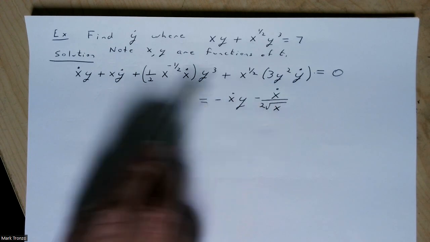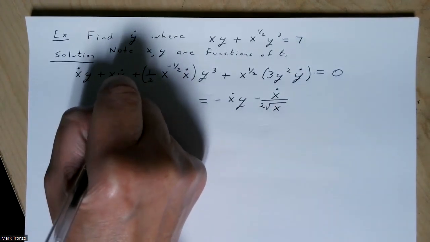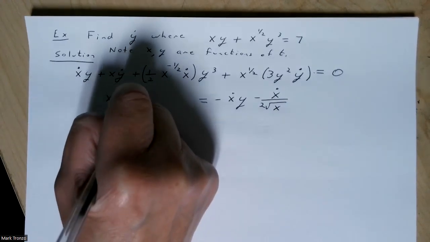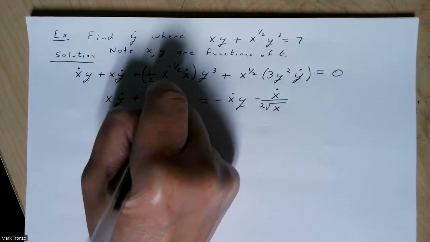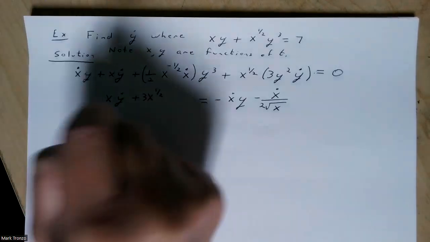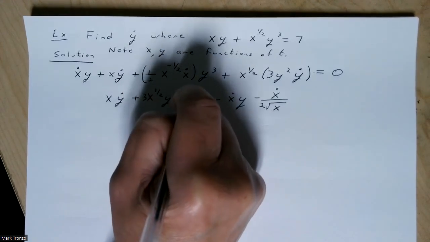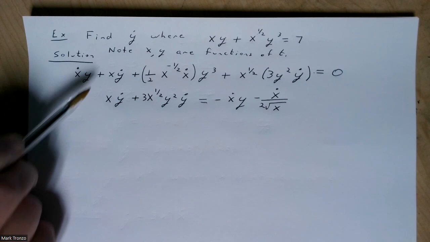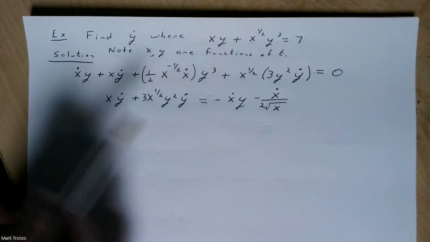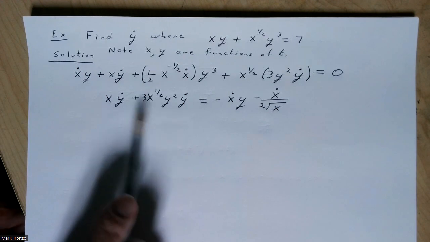It doesn't have y dot, so let me keep everything with y dot on the left. Bring that 3 out front, like that. So again, I just brought this down and brought this over to here.